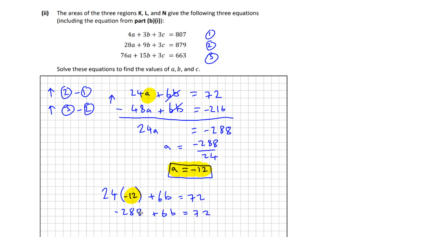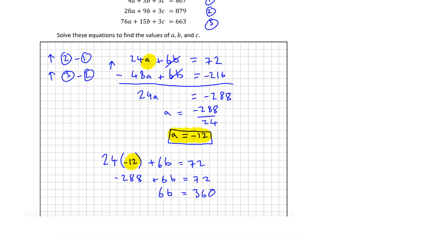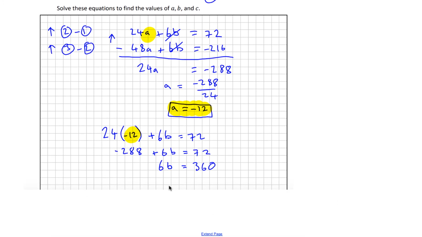I'm going to bring the minus 288 across to the other side. That'll give me 6b is equal to 72 plus 288, which is 360. So if 6b is equal to 360, that means that b is equal to 60, 360 divided by 6. And that's my second value, for b.